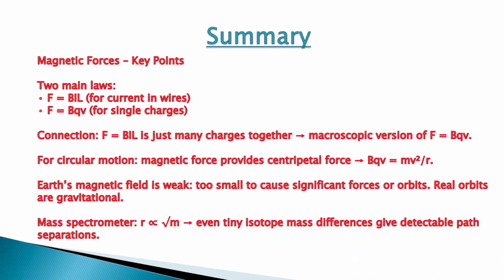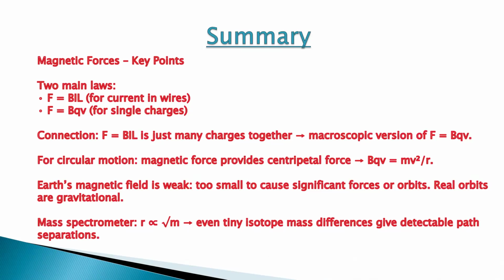To finish this session, let's draw the key ideas together. We have two equations: F equals BIL for wires and F equals BQV for single charges. These are not different laws. F equals BIL is simply the combined effect of many individual charges, so it's the macroscopic version of the same principle.